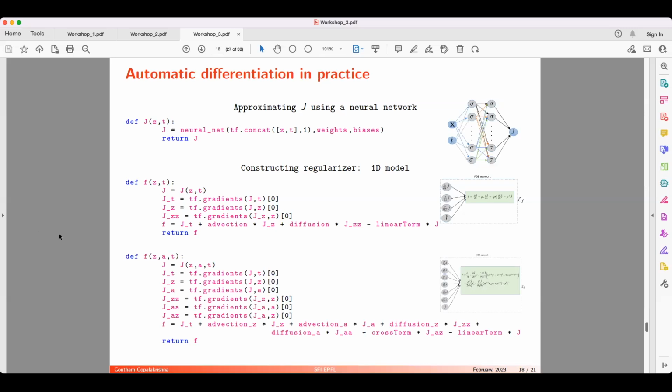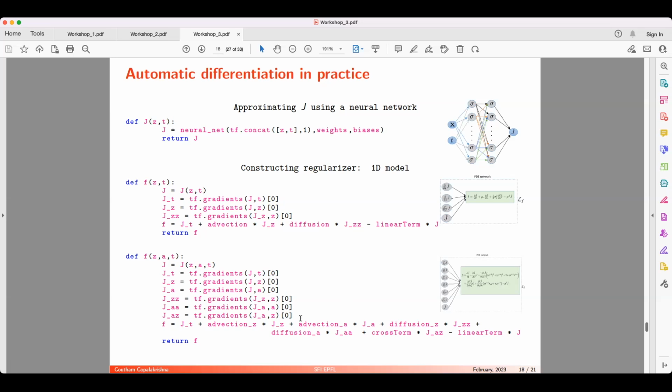All right, so what do we do when you have 2 dimensions? Well, it's the same thing, except that it now takes 2 variables, z and a, which are the state variables, and the time dimension t. Then you use the same tf.gradients to compute these derivatives.